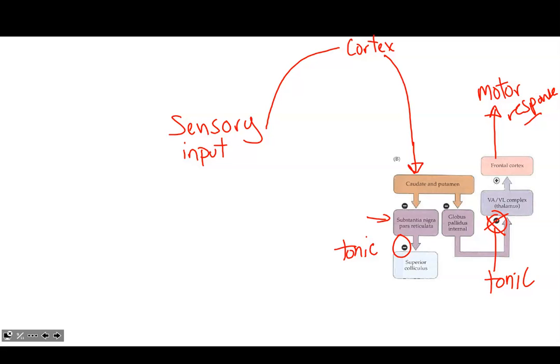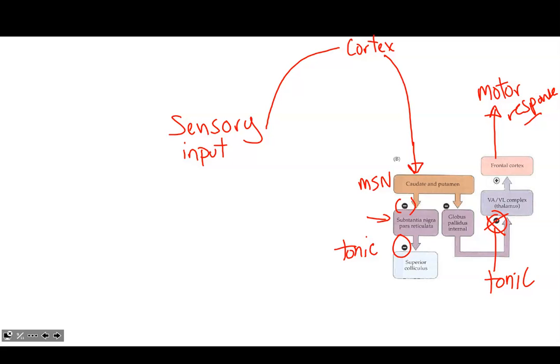And so if your eyes are focused in one direction and they're not moving, it's because there's tonic inhibition of those motor control pathways. But when you need to move your head or your neck or your eyes to see something, the medium spiny neurons will be active. They'll release GABA. GABA will inhibit the neurons of the SNr.